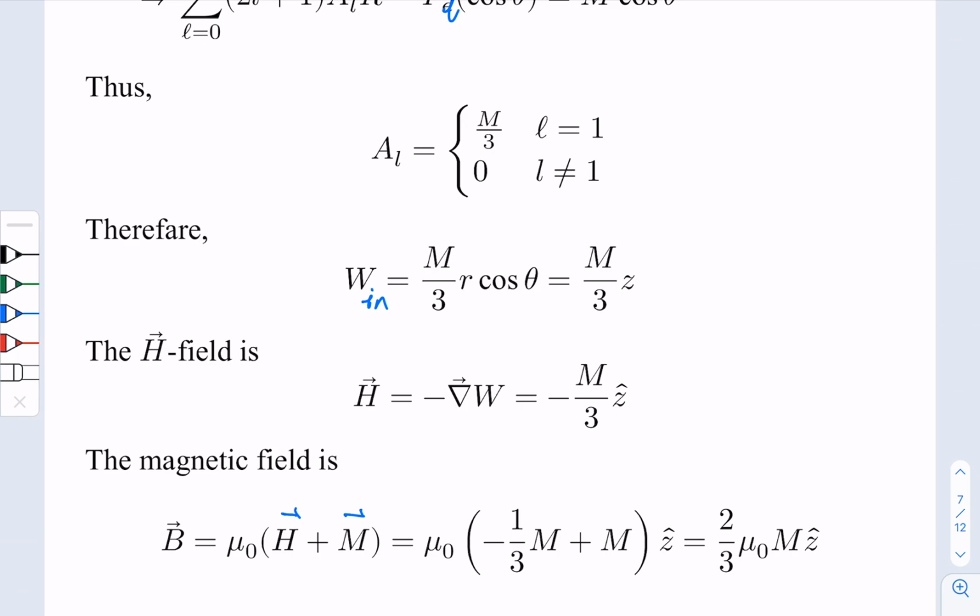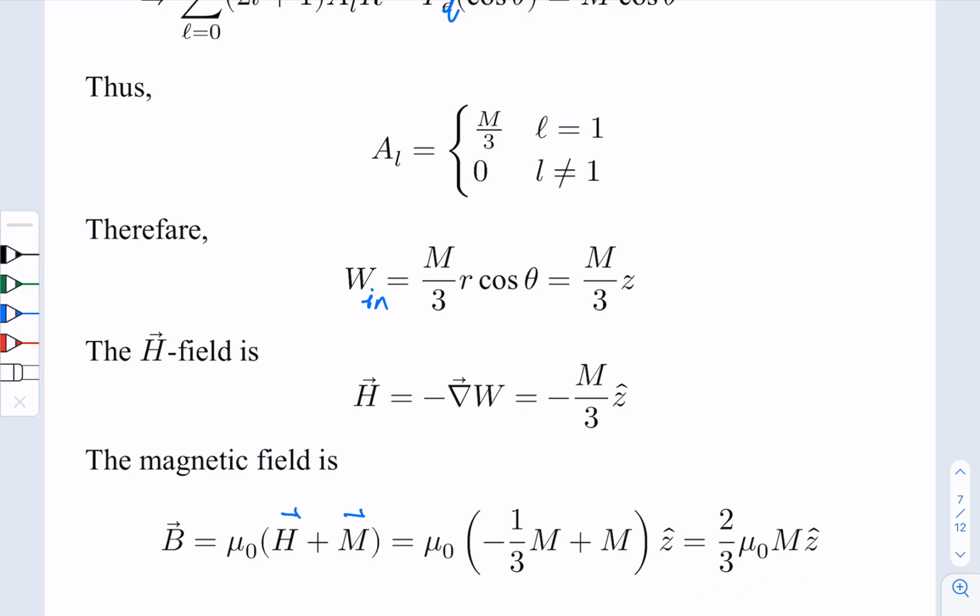And now if you compare the terms here with what we just derived for this homework problem 6, this must be identical to each other.